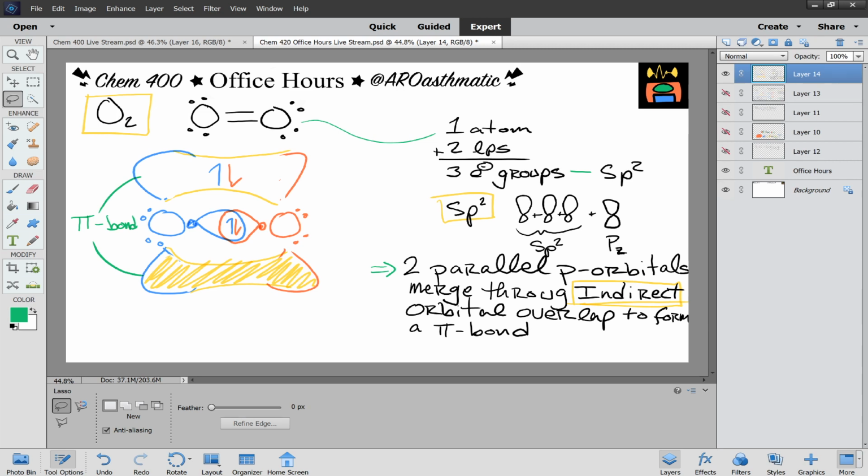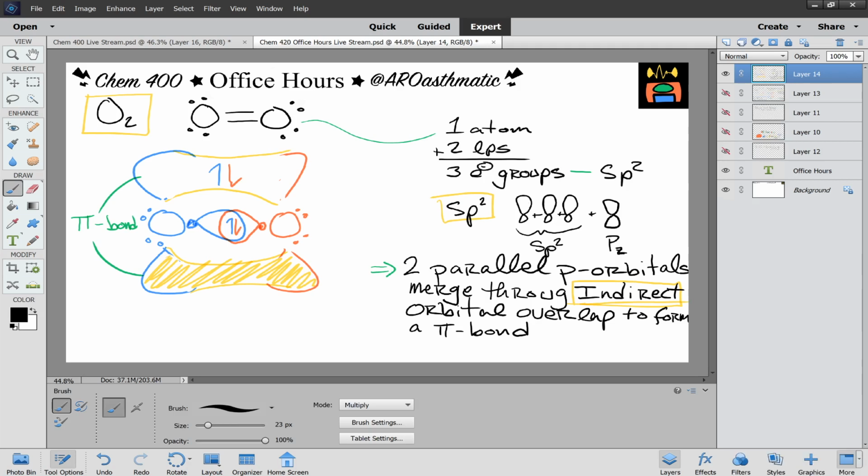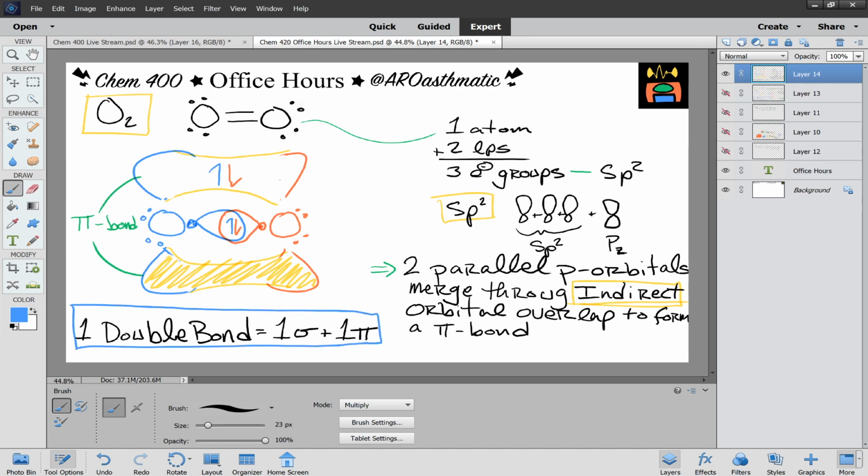And so what we have called up to this moment a double bond, one double bond is equal to one sigma bond together with one pi. When you have them both existing between the same molecule, that one sigma together with one pi is what we've been calling a double bond.